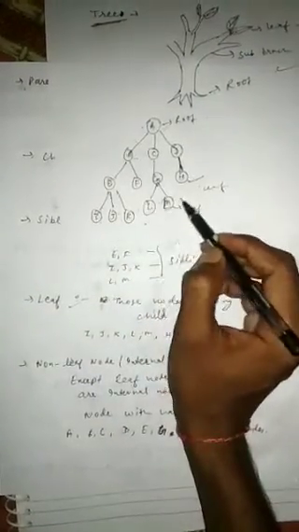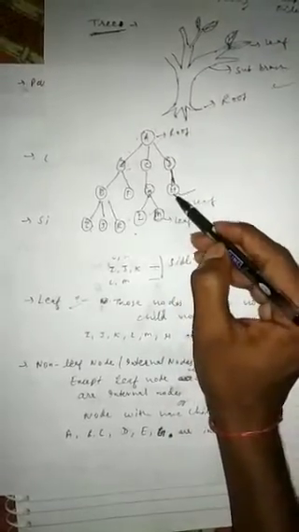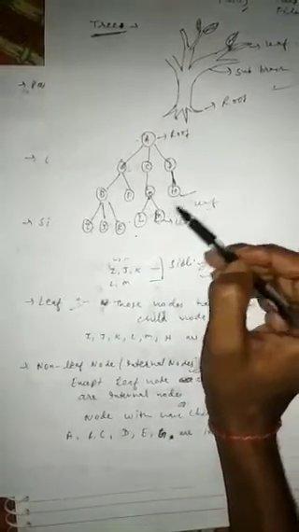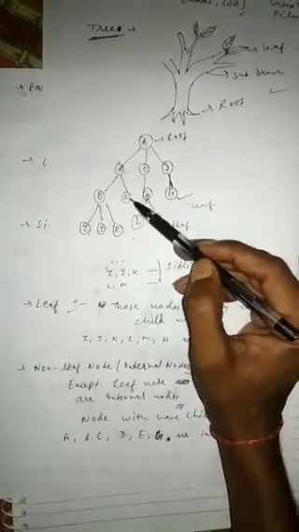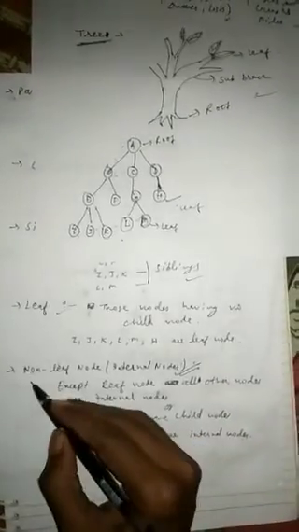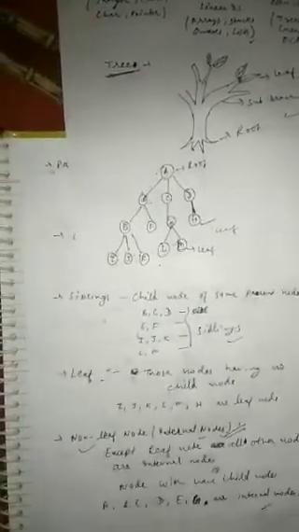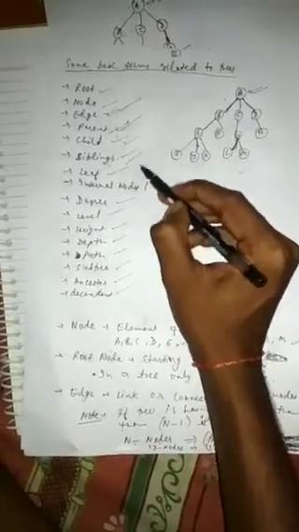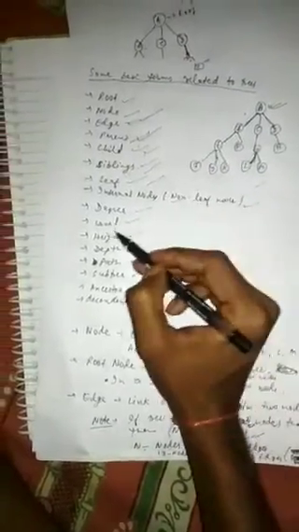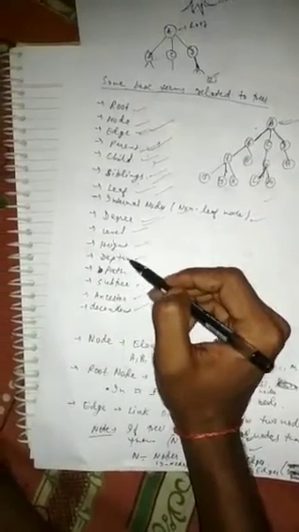Except I, J, K, L, M and H, all of A, B, C, D, E, F, G are non-leaf or internal nodes. Again: child, sibling, leaf and internal. Next we see degree, level, and height, depth.